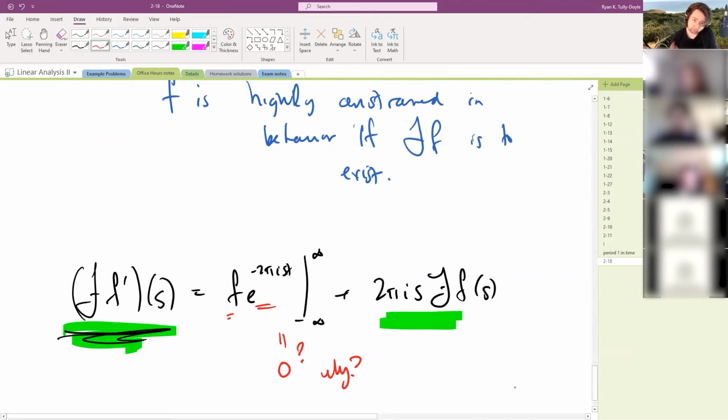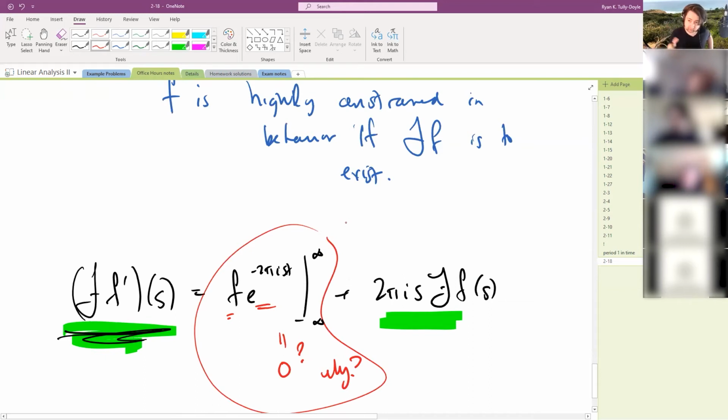Okay, so because the behavior of F is so highly constrained, that's going to have to be 0. This term must be 0 because F has to die to 0 exponentially as t goes to plus or minus infinity, or the Fourier transform of F doesn't make any sense.